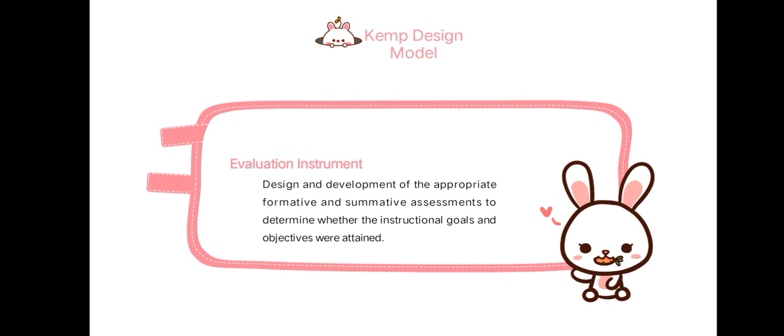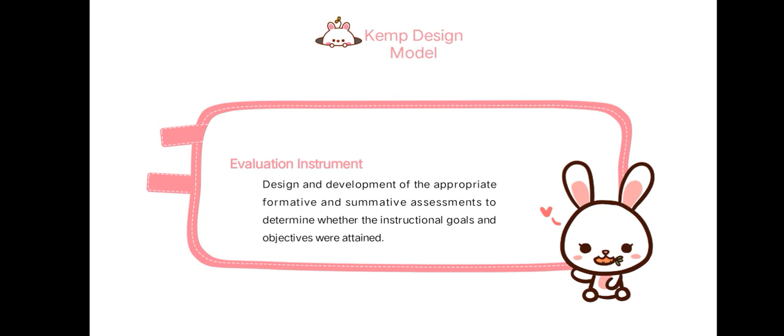So we have two main types of evaluation instrument. The first one is formative. Formative assessments are used during the instructional process to gather ongoing feedback and monitor the students' progress. Next one is the summative assessment.